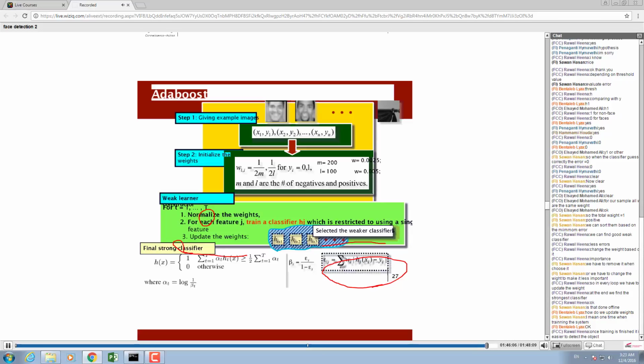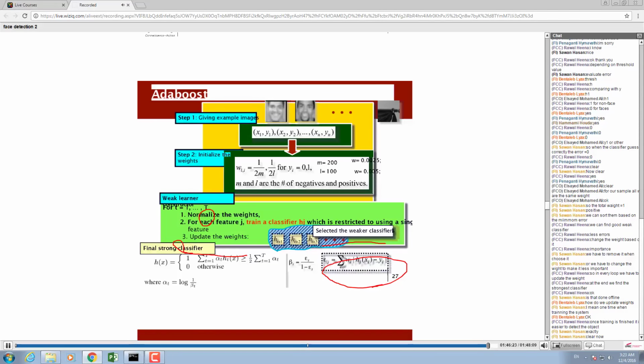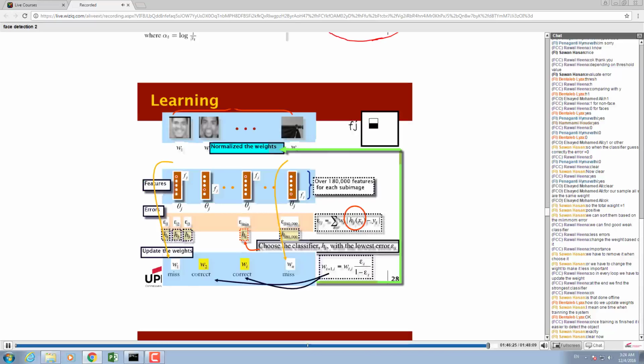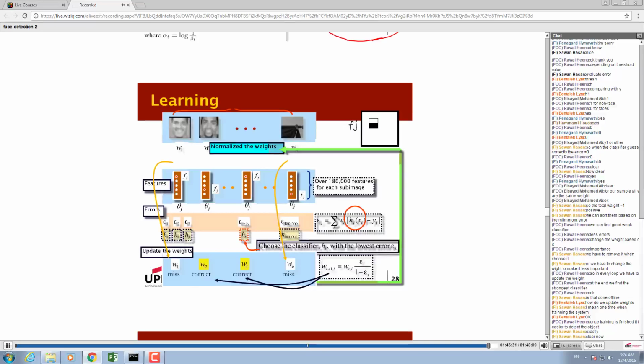Once training is finished, object detection just uses the result of this training. It is not training again and again. I think that is the concept of offline. Is it clear now? Okay, excellent.